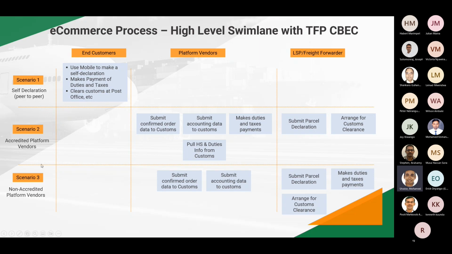So if the platform vendor is an accredited provider by a certain program in the country, they would submit their orders to customs for the early data acquisition and risk assessment. They would also need to submit certain accounting related information for duties and tax payments.